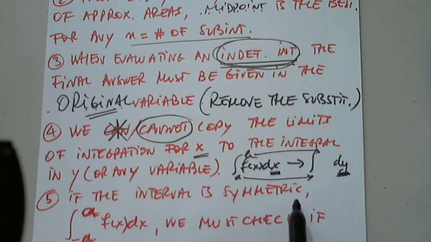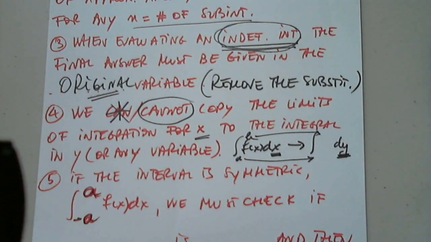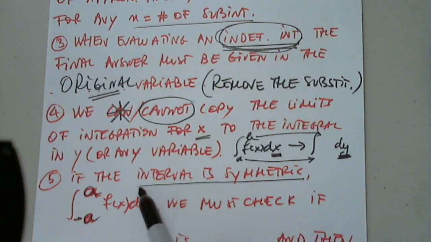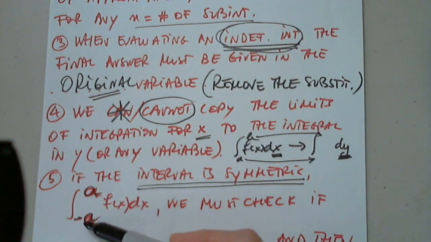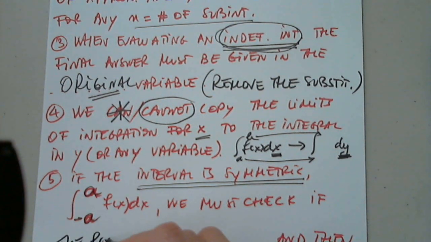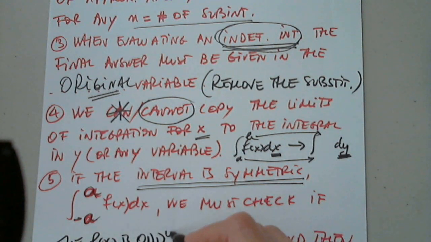If the interval is symmetric from negative a to a, negative 5 to 5, negative 2 to 2, we must first check if the function is odd or even, and then proceed.